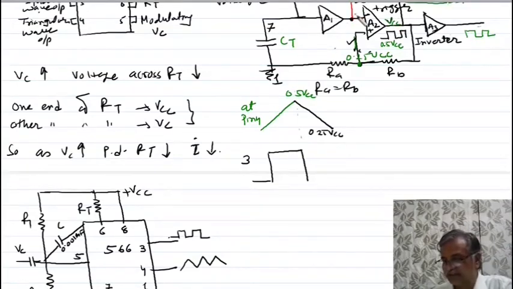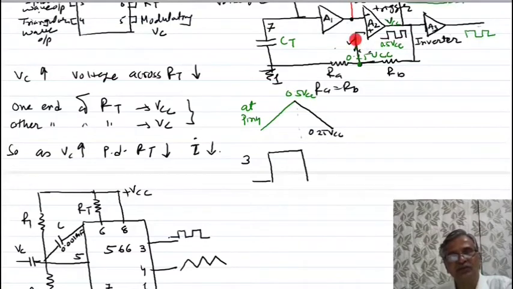When the voltage at the inverting terminal is more than 0.5 VCC, then immediately the output of the Schmitt trigger will be low. The reason is that the voltage at the inverting terminal is more than the voltage at the non-inverting terminal.